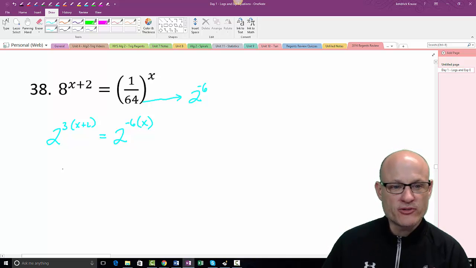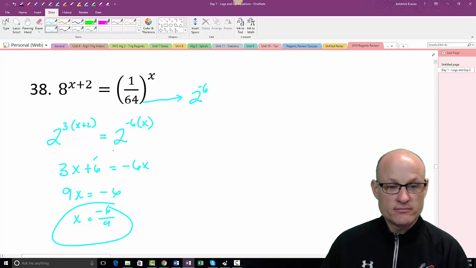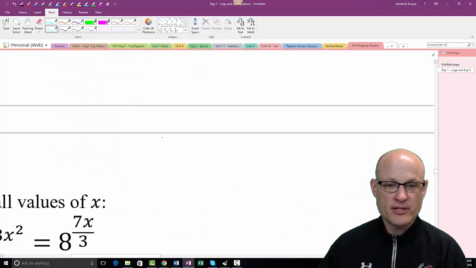So now I just set the exponents equal to each other. 3x plus 6 equals negative 6x. All right, I'm going to bring this over here to make this 9x equals negative 6, or x equals negative 6 over 9. I brought that over to that side, and I brought that over to that side. I think that's the end of that page.